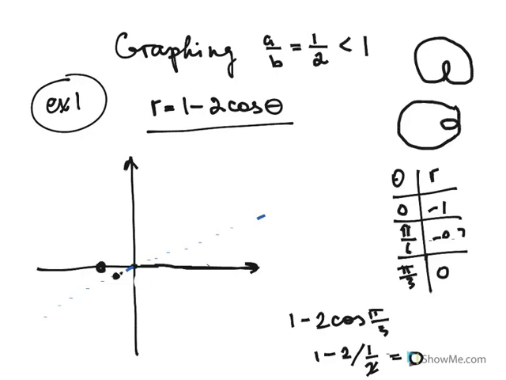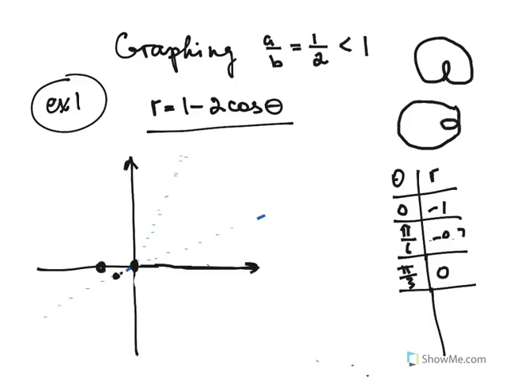One more time. Cosine of pi over 3 is 1/2. 1/2 times 2 is 1. So yes, we do get 0. So pi over 3 is somewhere here, 60 degrees, and you get 0. So you're at the origin. So that's where your inner loop is. So you can tell. Or maybe not. So let's do more.